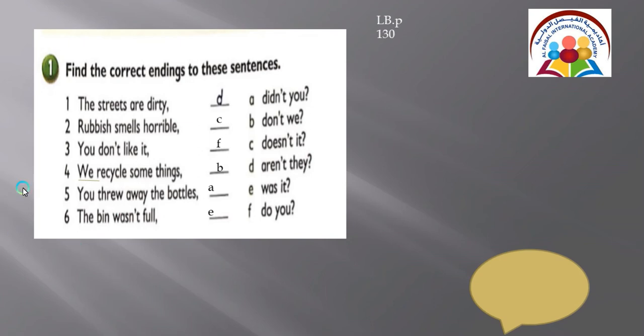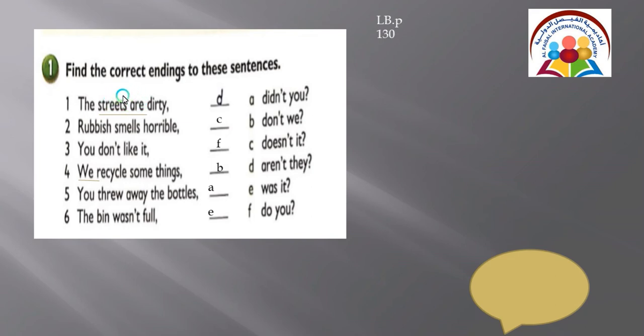Here, question number 1 in language book, page 130, we have find the correct endings to these sentences. The streets are dirty. We have to match it with the letter D. Aren't they? Why do we say aren't they? Because we have here auxiliary are, we have to make it negative, which is aren't, and we will look at the word before.